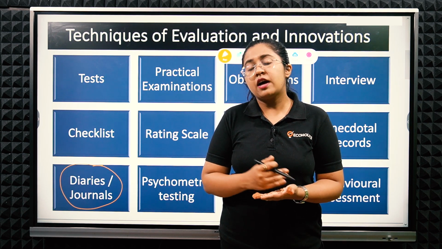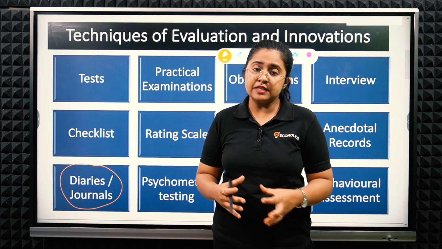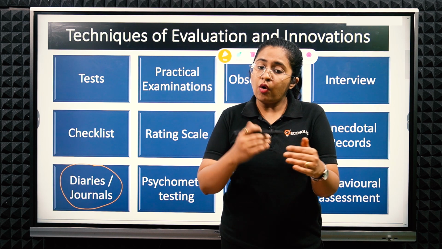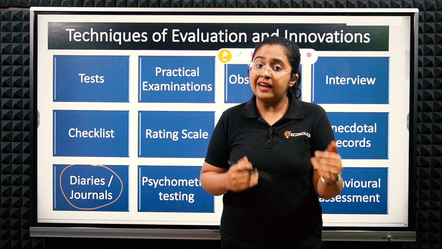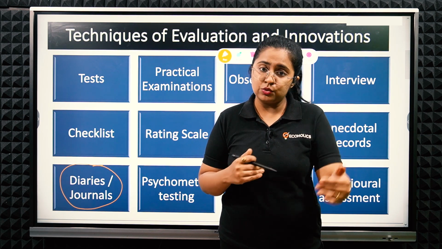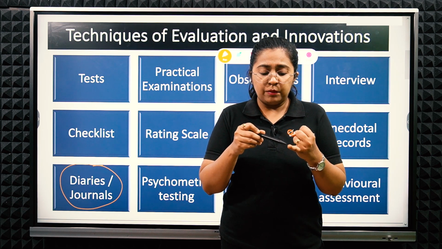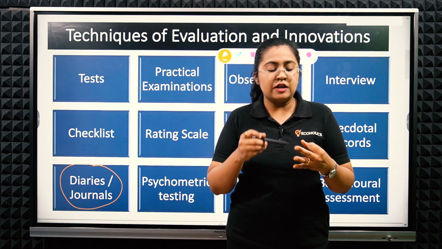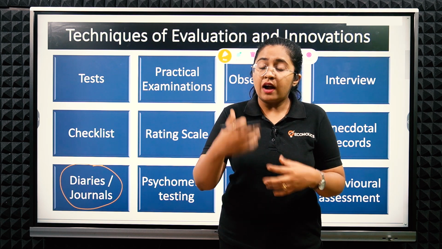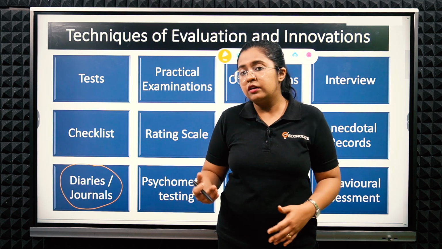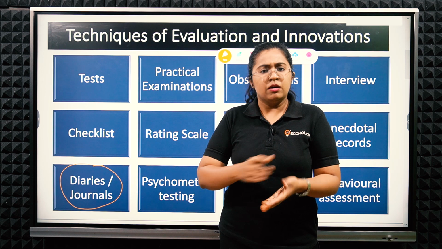Diaries and journals are made by teachers and faculties so that they can record all of the observations they may have made for a particular student: who is great in class, who is weak in class, who can understand quickly or is a good learner, or who is the reverse.